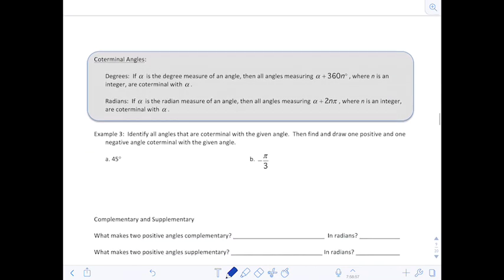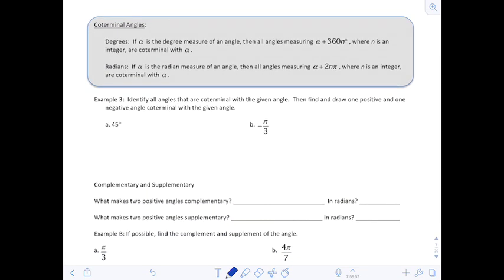All right, let's define this just a little bit more and how to find multiple coterminal angles. First let's talk about degree measure. These two rules are both the exact same, but as you can see, one has 360 and one has 2 pi in it.